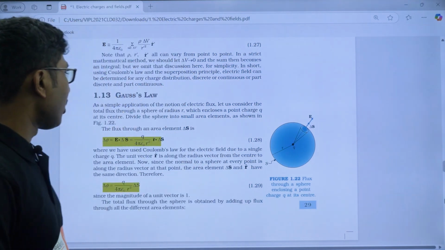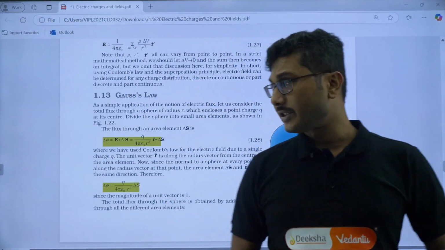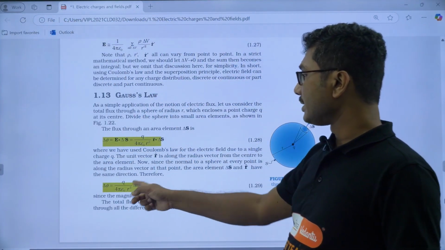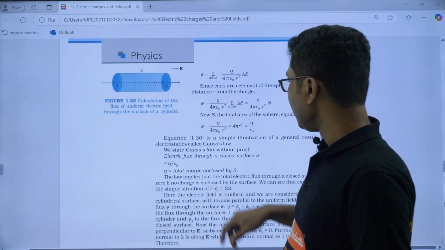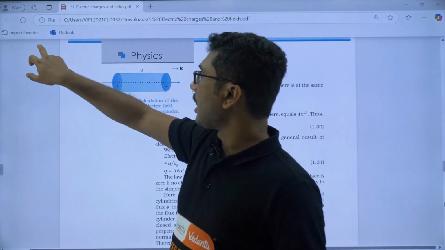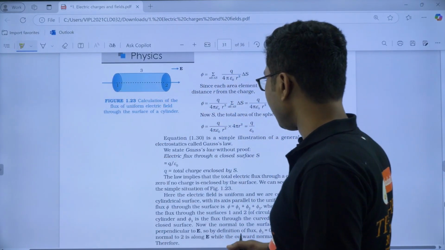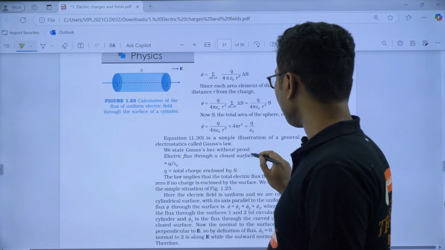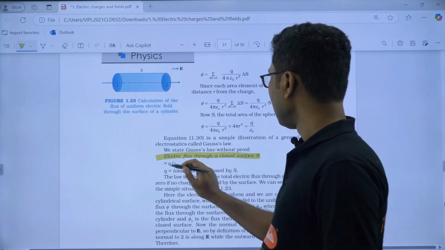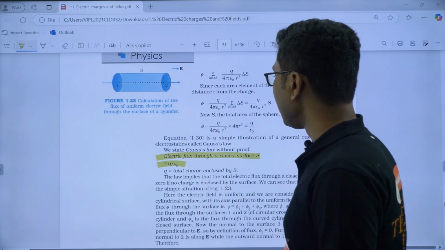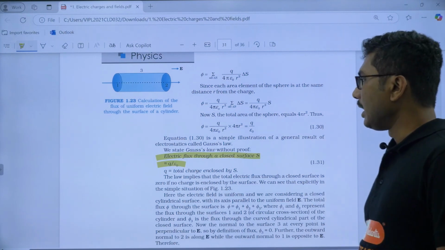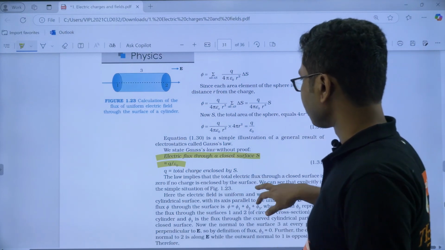Okay. So Gauss's law, we all know the Gauss's law statement, formula, etc. Here I think I have not highlighted the Gauss's law statement. So the electric flux through a closed surface is basically Q by epsilon naught, right? This is Gauss's law. So that is why this is also important.